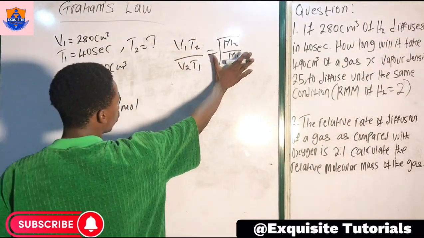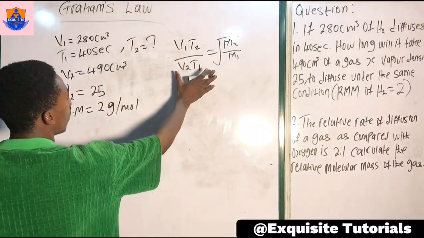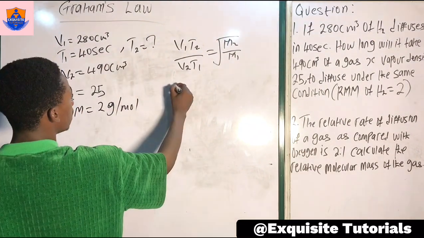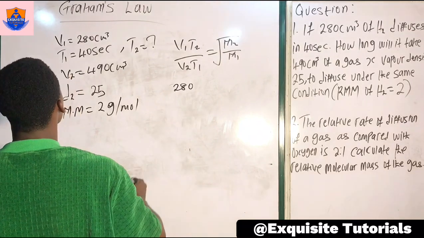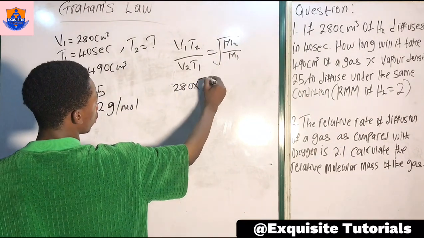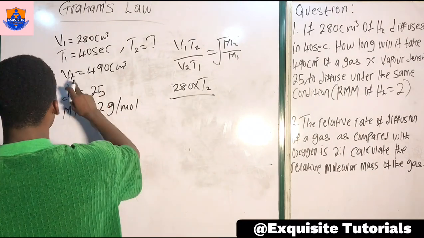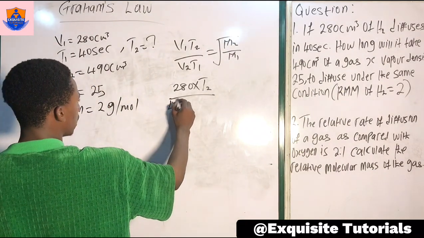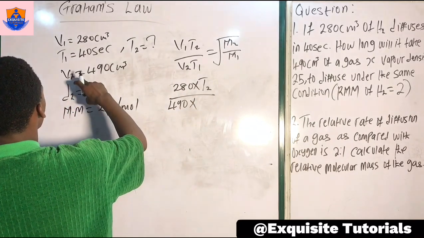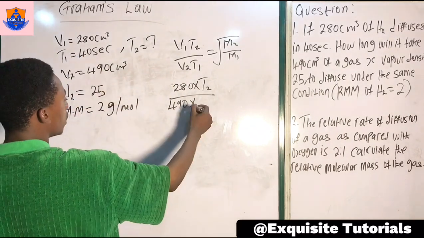So let's use M2 over M1. So let's place in our values. What is V1? 280 times T2. What is T2? T2 is unknown. Over V2. V2 is 490 times T1.